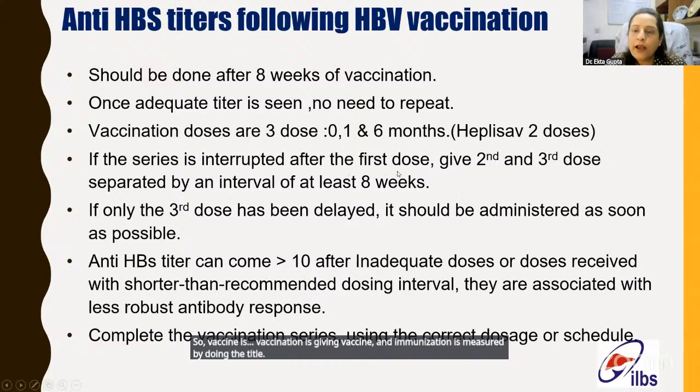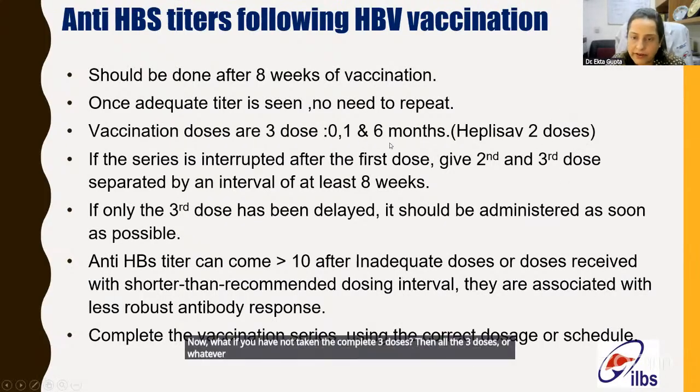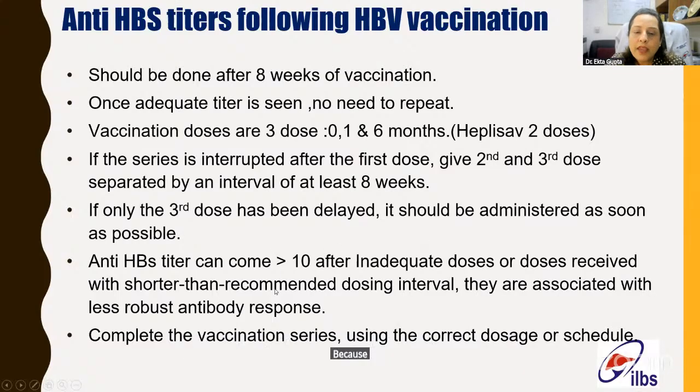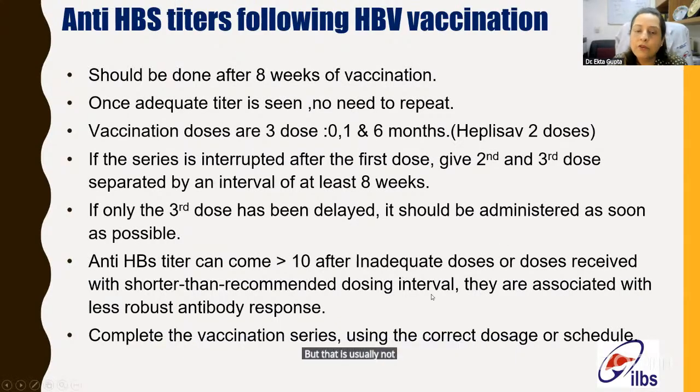Now, what if you have not taken the complete 3 doses? Then all the 3 doses, or whatever recommended doses, should be taken, because you may have more than 10 titer, which will look like adequate following even a single dose. So initially you get a very good immune response, but that is usually not protective, or long lasting protection is not provided.